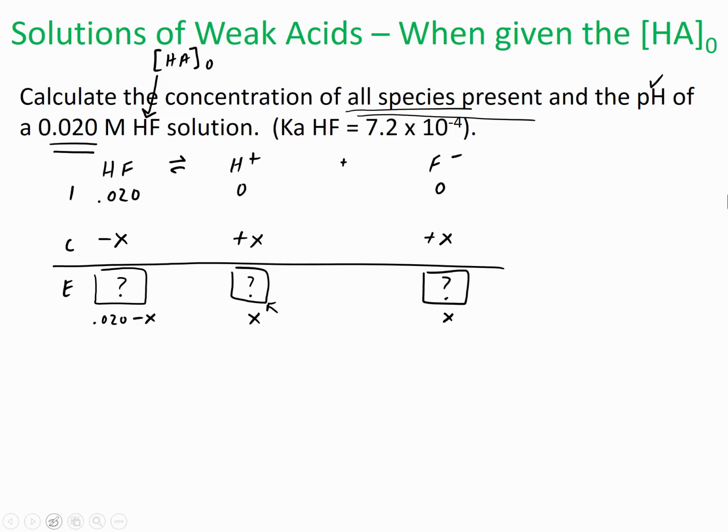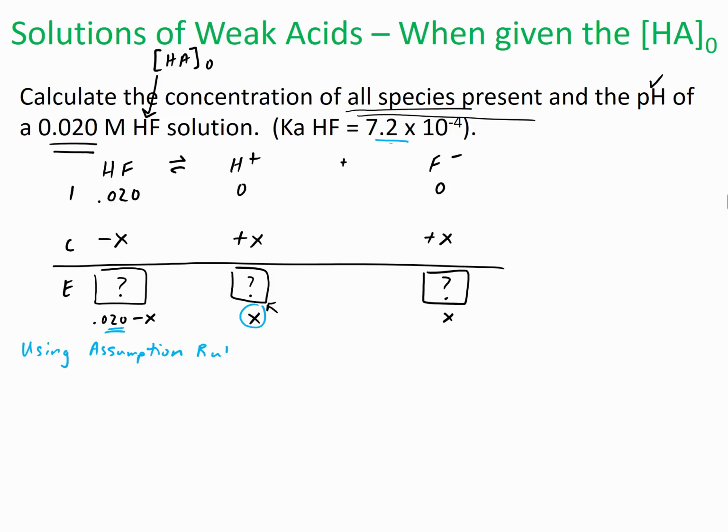I'm going to do this in a different color pen here to show the assumption. So this is using the assumption rule, and I'll show you what happens. We're assuming that X is too small, that it will not affect that number. But like I was saying, the Ka might be big enough that it might actually affect that number.